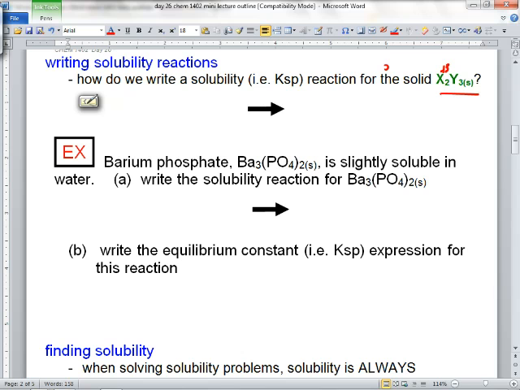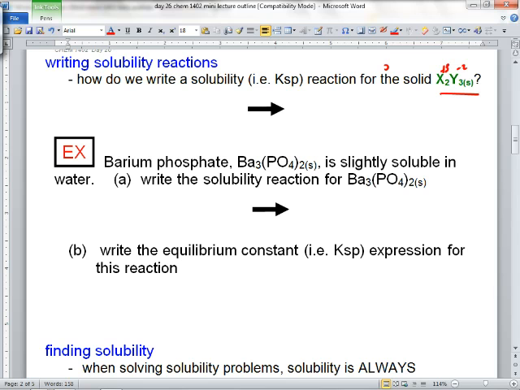And the Y ion is going to be a negative 2. And you can do the math to verify it, right? 2 times positive 3 is positive 6. 3 times negative 2 is negative 6. Neutral. All the charges balance out. But that gives you a little hint on how to write this Ksp reaction.